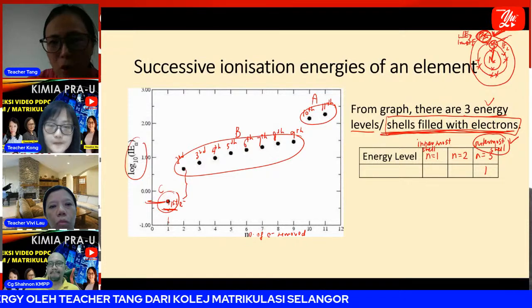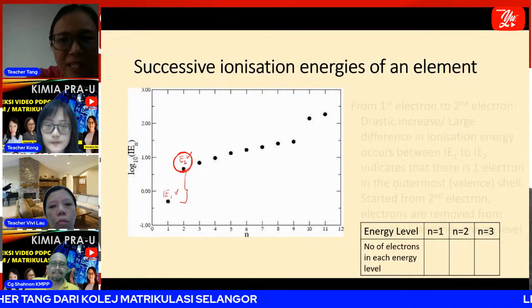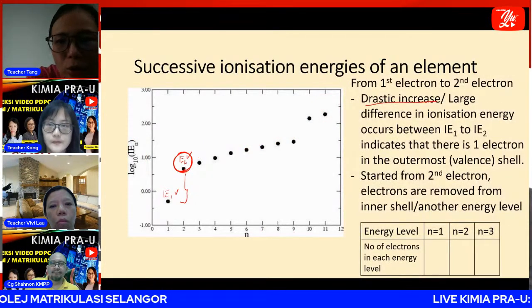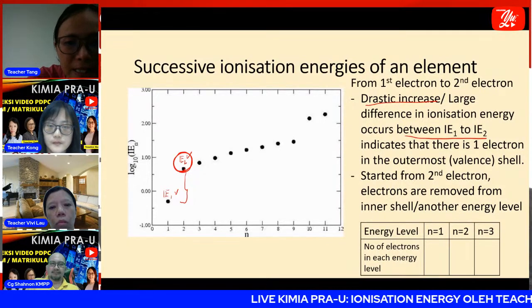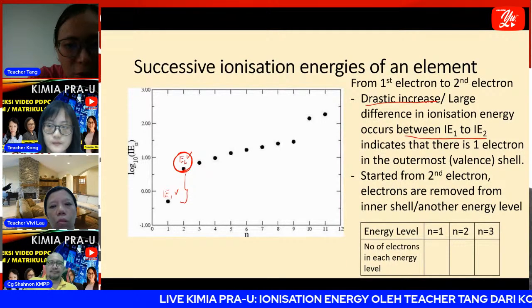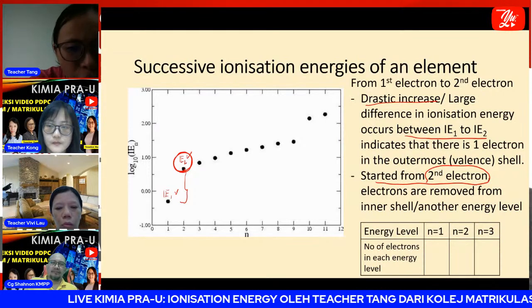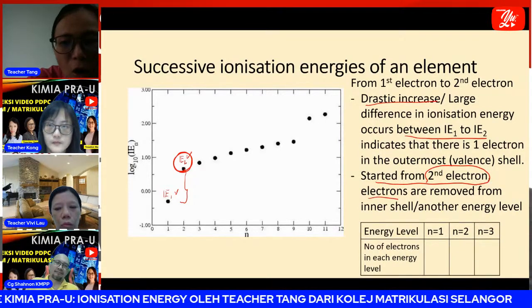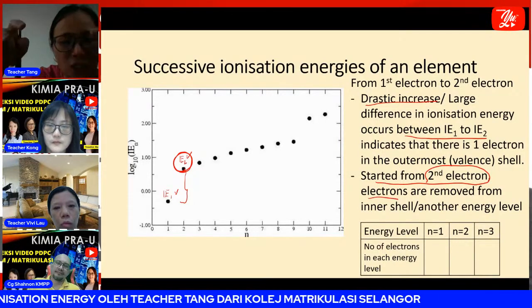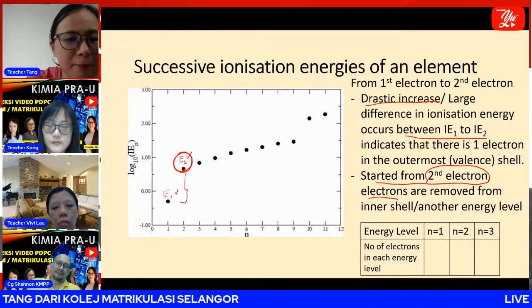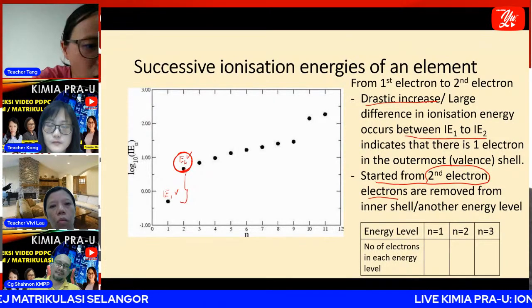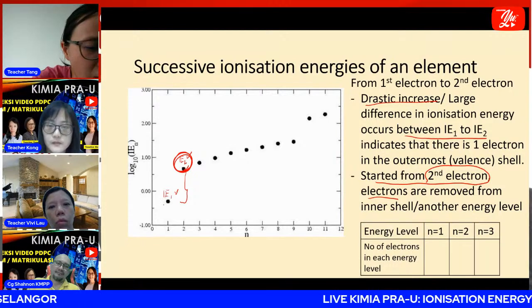That's why there is a drastic increase between the first and the second ionization energy, because starting from the second electron, we start to remove electrons from the inner shell.